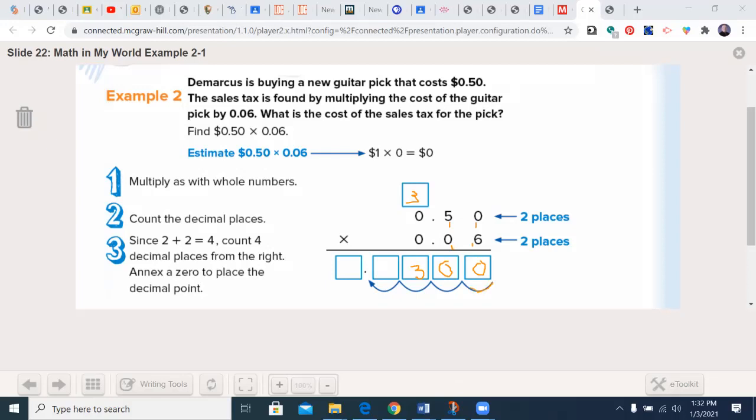So I'm going to come over 1, 2, 3. 4 goes too far. 3 is as far as I can go. So what do I do? And you'll notice here, I need a 0 to place the decimal point. So I put my 0, and then there's my decimal point. A lot of times we will put a 0 here just so you know that there's no hundreds. And our answer is actually 3 hundredths or 30 thousandths.